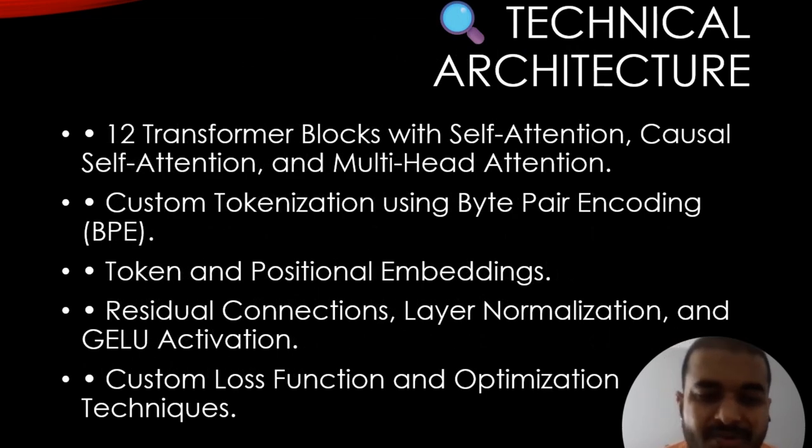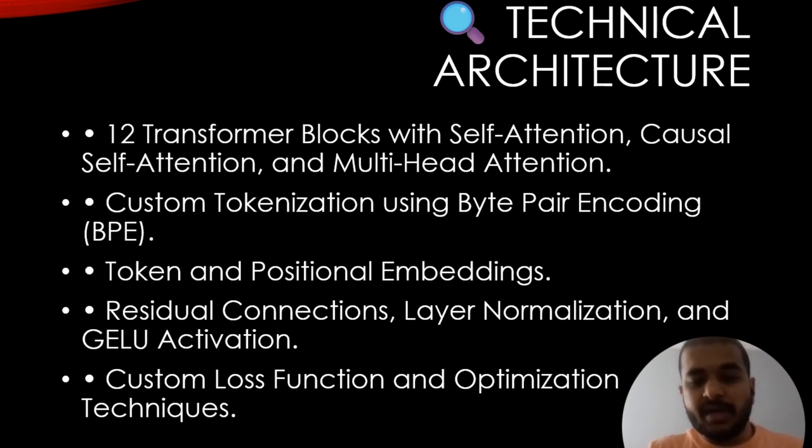As I told, there are a total of 12 transformer blocks with a self-attention mechanism, that is nothing but a causal self-attention mechanism, and a multi-head attention mechanism. Multi-head attention is the same as causal attention, but an advanced version of it.